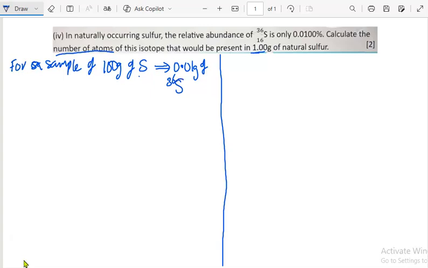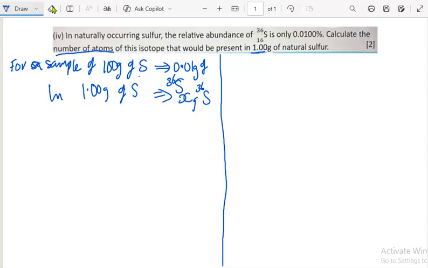So in 1.00 gram of natural sulfur, how many grams of sulfur-36? I'm going to represent it as x. x grams of sulfur-36 is present.